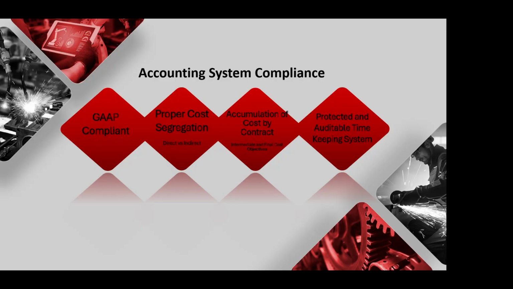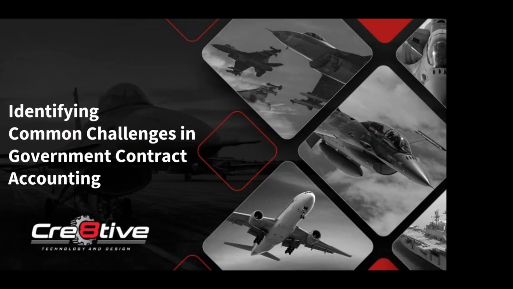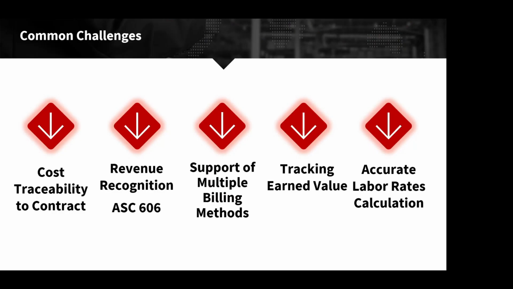Getting that out of the way allows us to go into the specifics of the challenges an ERP usually presents when going through the audit process and proving compliance to your auditors. We're going to go through a list of common challenges in government contract accounting.